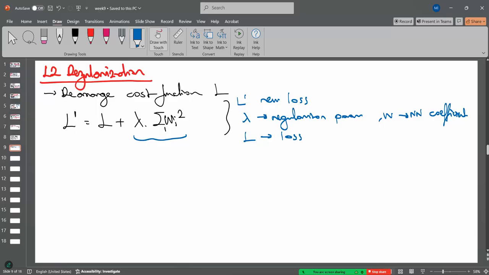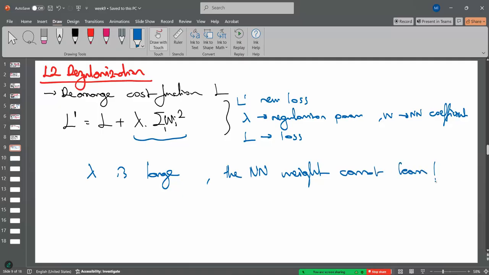Okay, and so if lambda is large, the NN weights cannot learn, but if it is too small, the NN weights overfit.